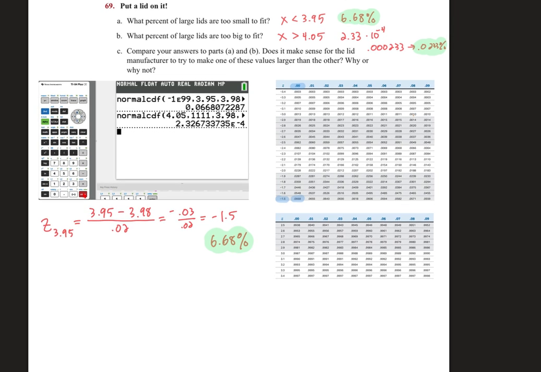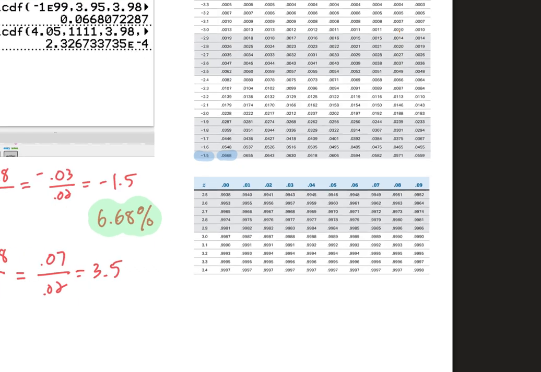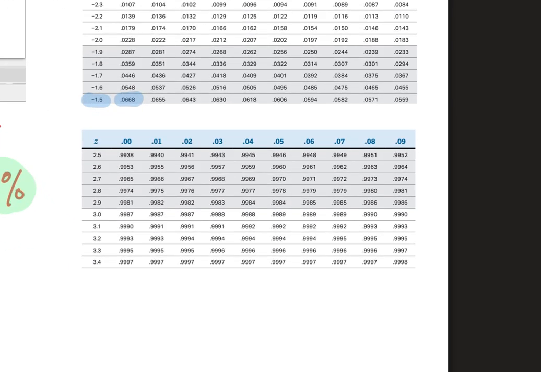Okay, so next one, let's find the z-score associated with 4.05. Okay, so look for that z-score. So notice that z-score doesn't even show up. 3.49 is the biggest one.